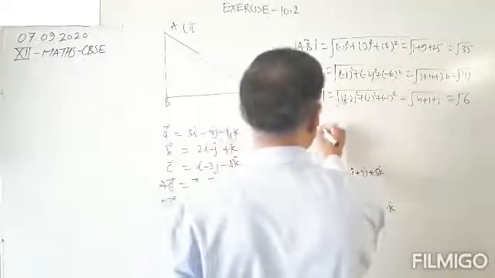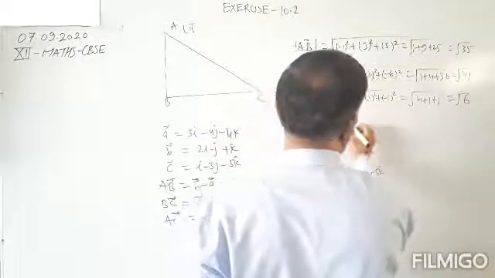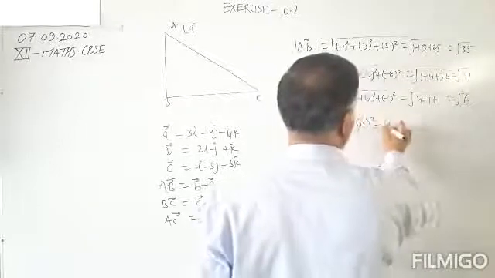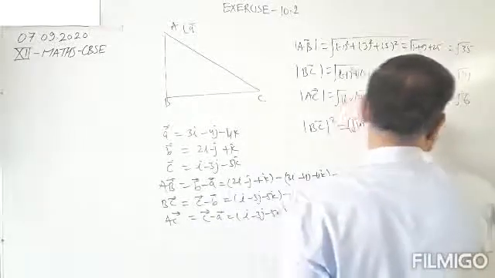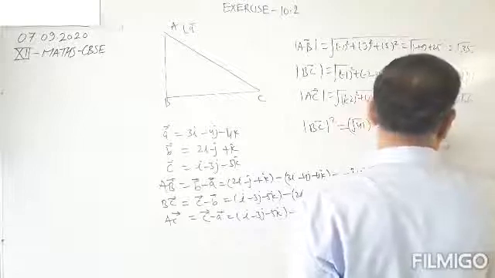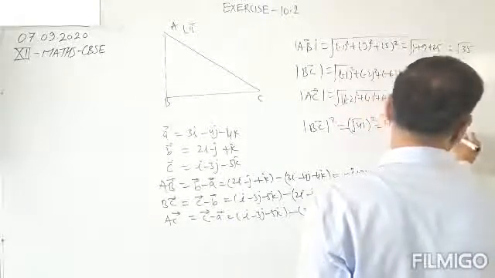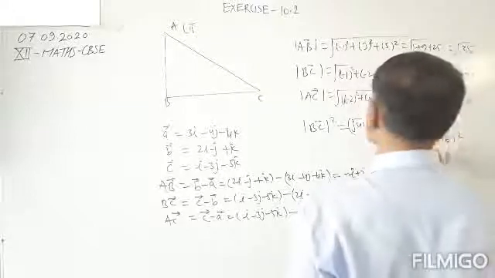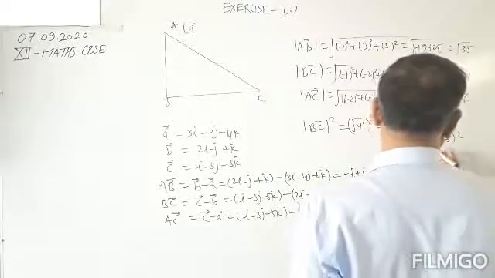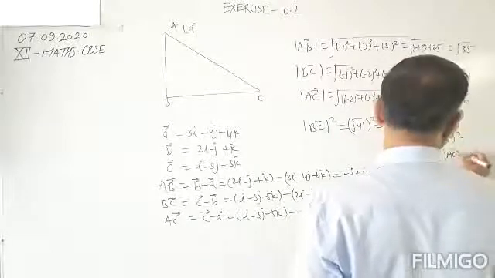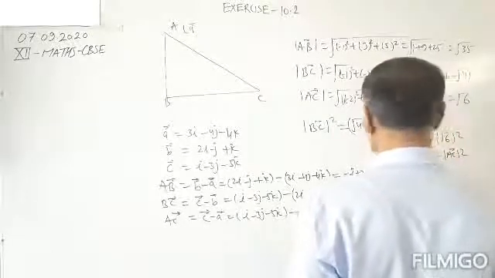Now magnitude BC vector square is equal to under root 41 square, that is 41, that is equal to 35 plus 6, which is under root 35 square, that is AB vector square, plus under root 6 square, that is AC vector square. So what have we concluded?